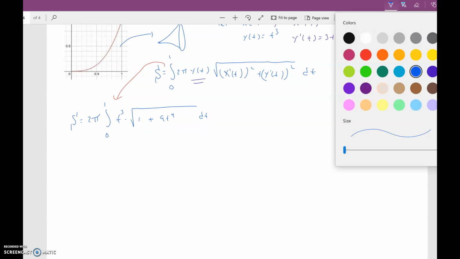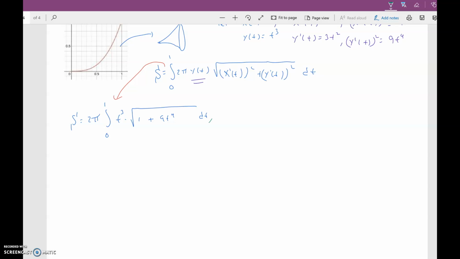Okay, so this is actually excellent news, because when we let a u substitution, that's going to cancel the t to the third on the outside.